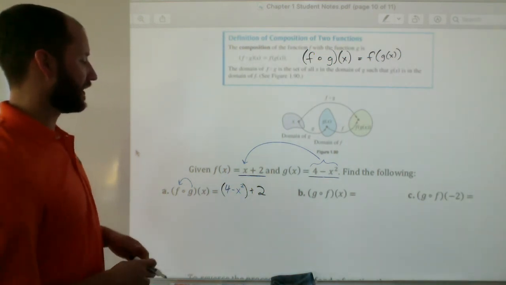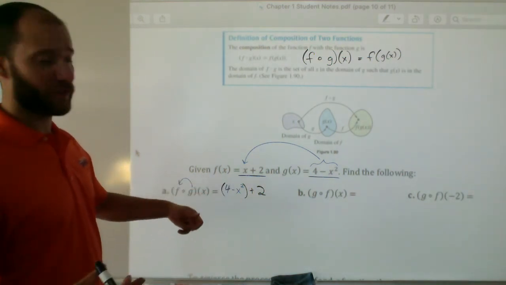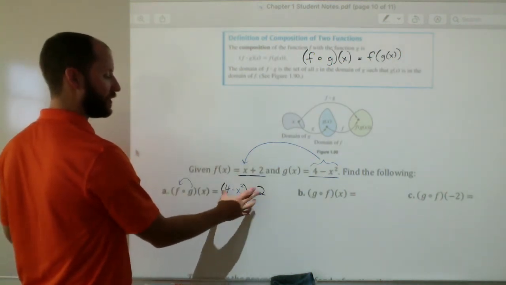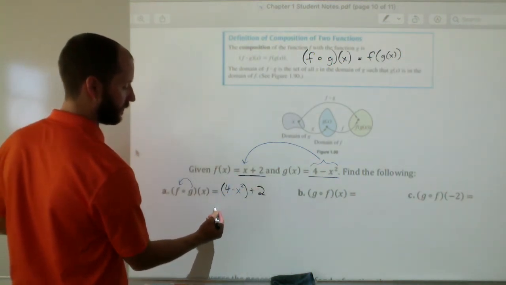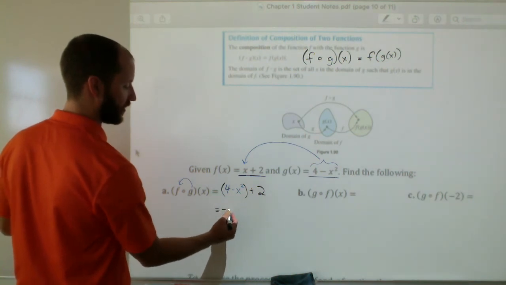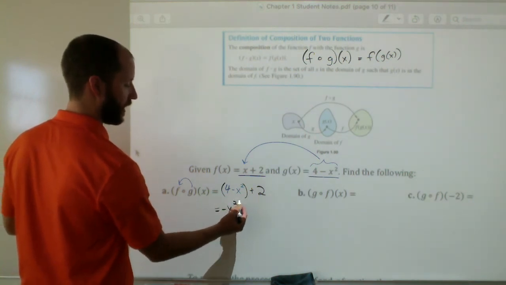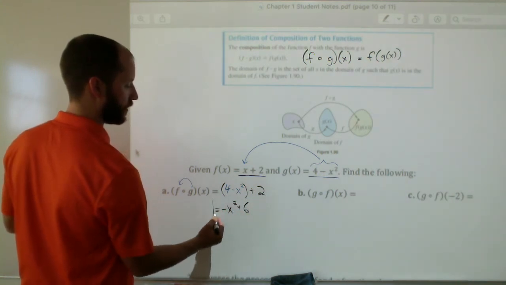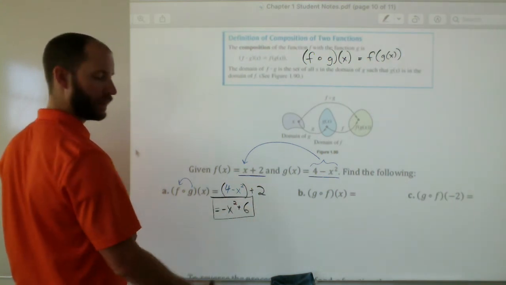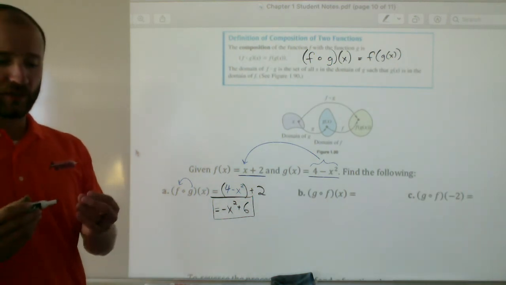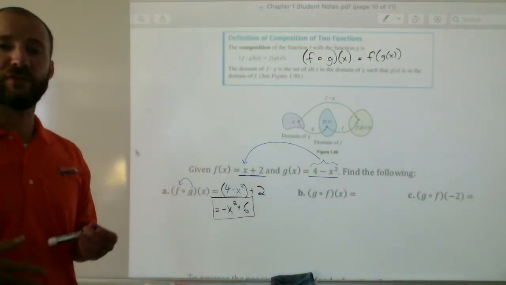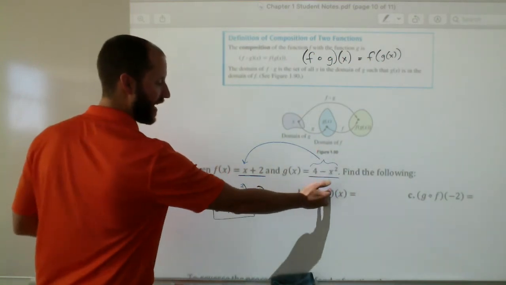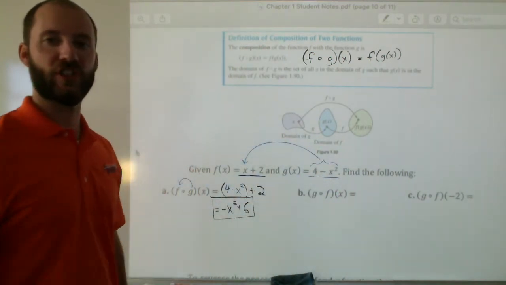So, composing these, g getting plugged into f, and then you combine like terms as best you can. So we have a negative x squared, and we have 4 plus 2 to give us 6. So the order matters, f of g or g of f. Here you're going to be reversing it. F is going to plug into g.